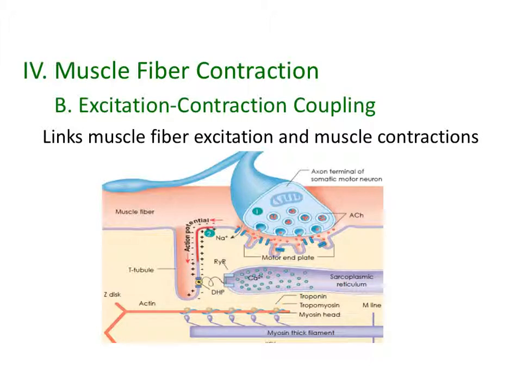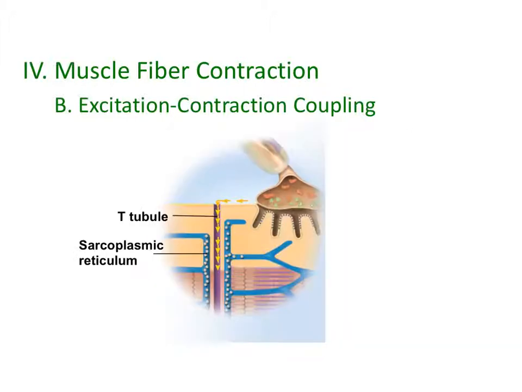The second step of muscle fiber contraction is excitation-contraction coupling, and this is the link between muscle fiber excitation and muscle contraction. So here basically is a quick overview of what's happening, but we've got an action potential running across the plasma membrane, down the T-tubule, and then linking with the intracellular apparatus that then allows or activates contraction of the muscle fiber.